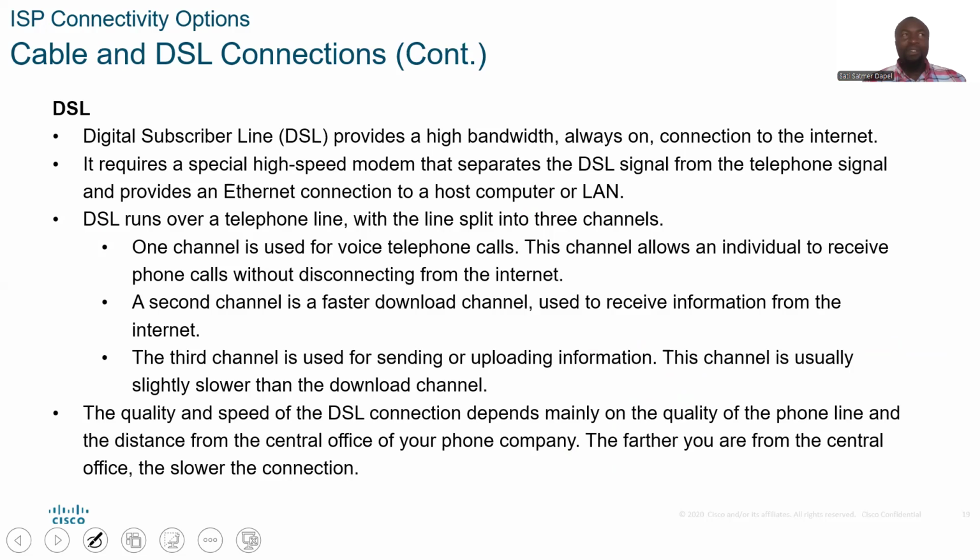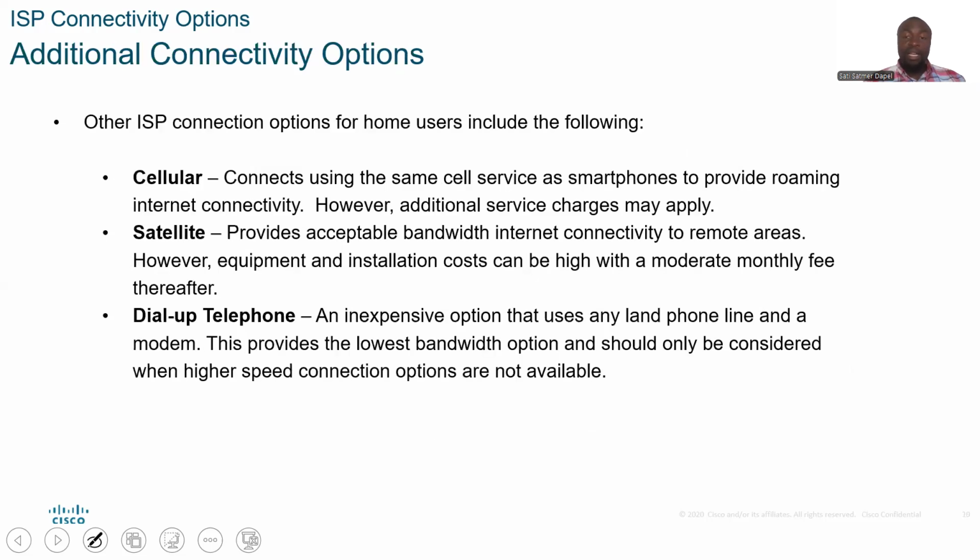Okay? Previously, they used telephone lines. There was a time they used a telephone line in order to provide you this internet, but now things have evolved. Finally, there are additional connectivity options.